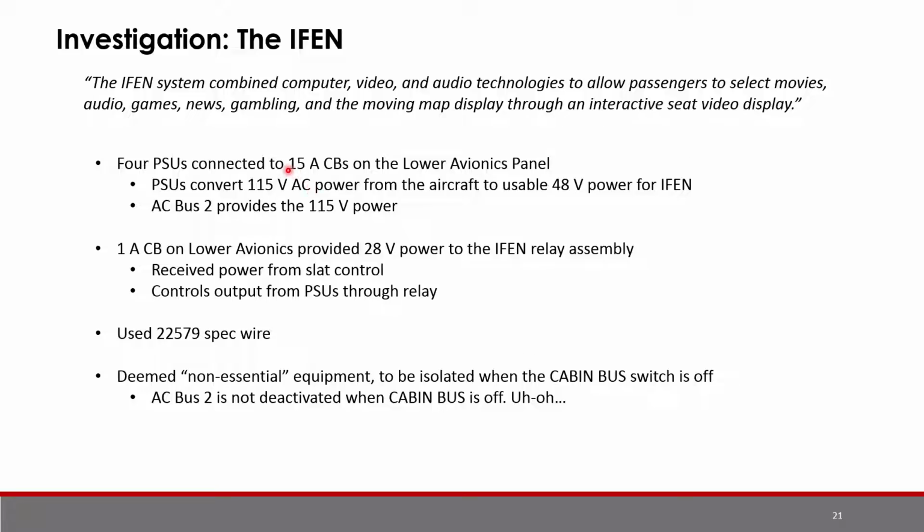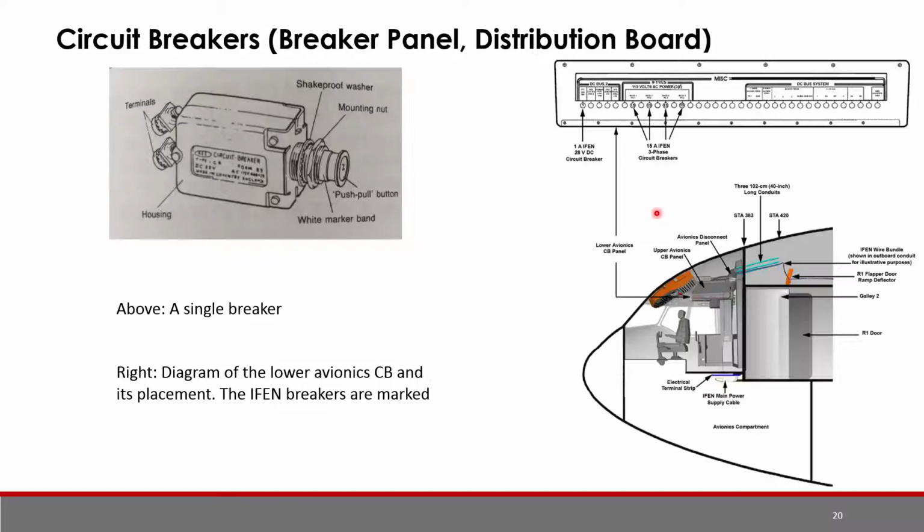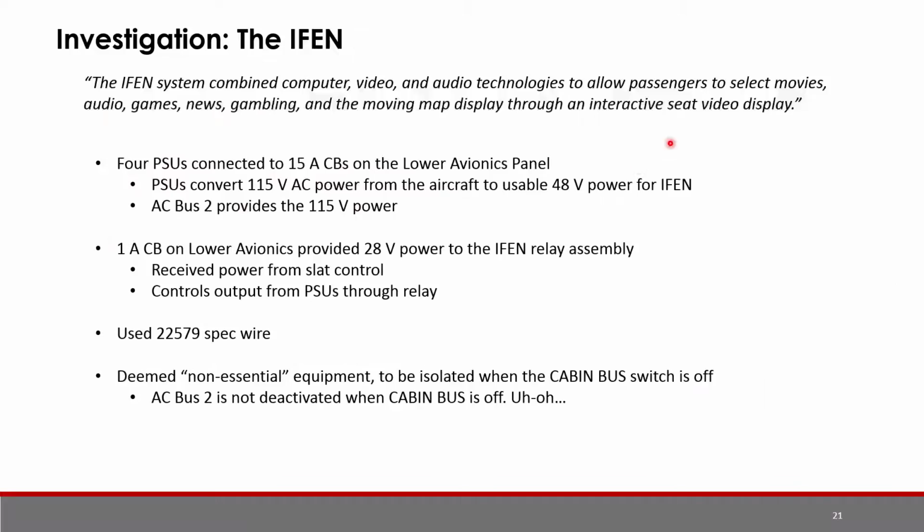Now, the IFEN, the in-flight entertainment network system, combines computer, video, and audio technologies to allow passengers to select movies, audio, games, news, gambling, and the moving map displayed through an interactive seat video display. This is from the aircraft investigation report. The IFEN consists of these 4 power supply units, which are all connected to each one of these circuit breakers.